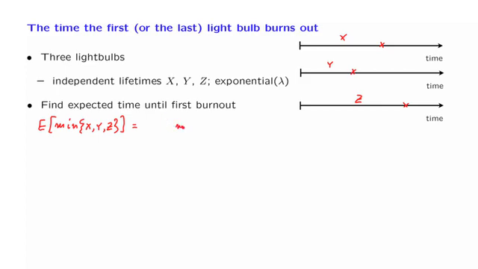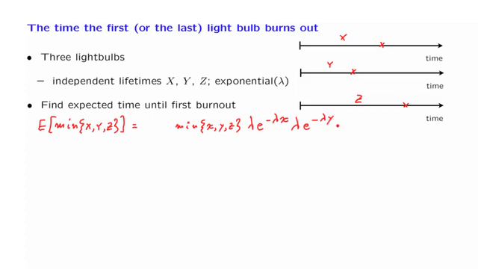Let us take the function of interest, which is the minimum of three numbers. Then we need to multiply by the joint PDF of these three random variables, X, Y, and Z. Now, because these three random variables are independent, the joint PDF is the product of their individual PDFs, which are all exponential.